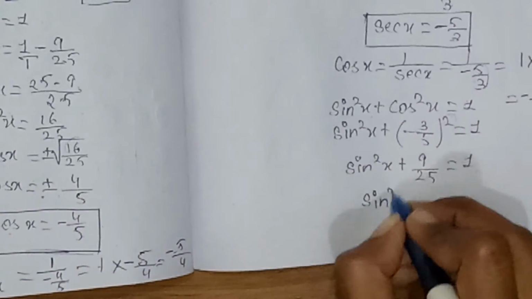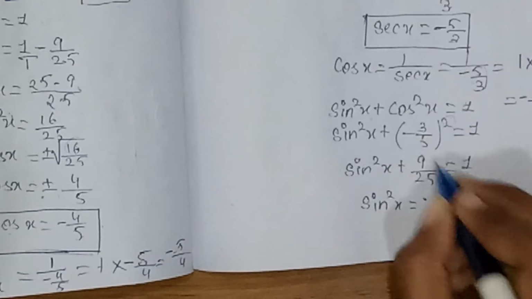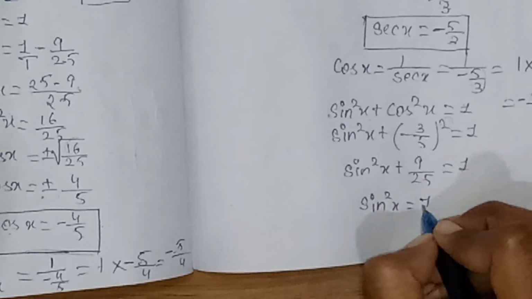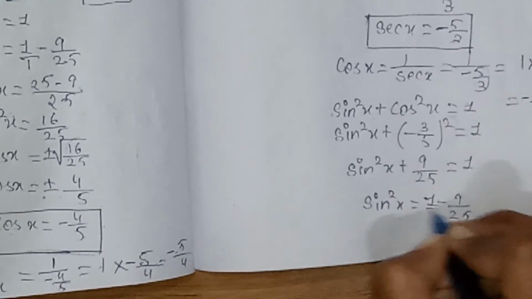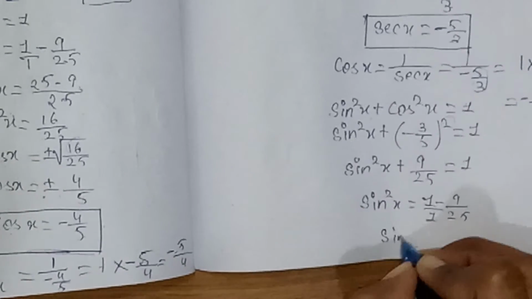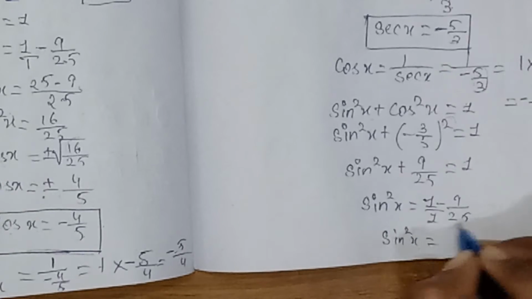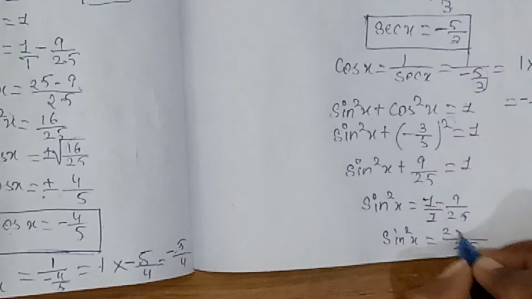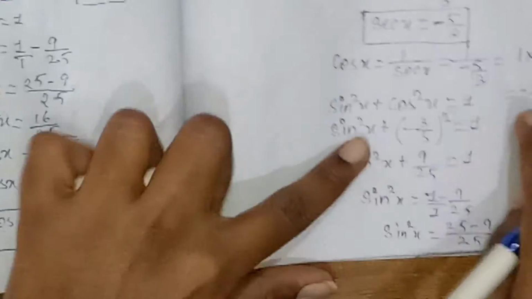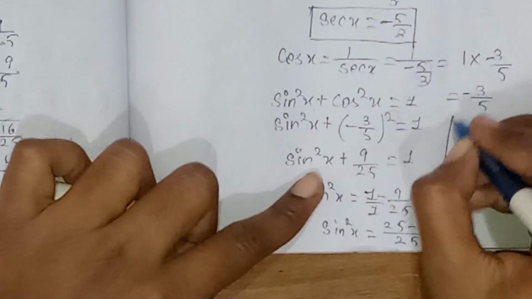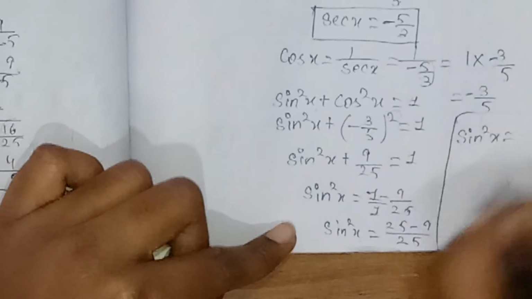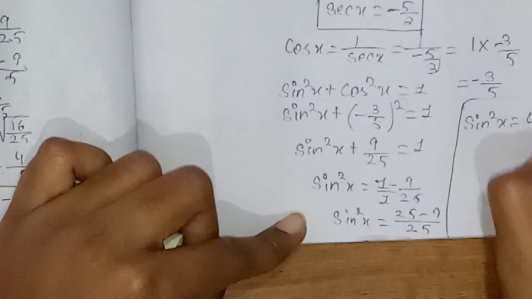So sine square x is equal to 1 minus 9 by 25, we send it to the right side and it becomes minus 9 by 25. When we take LCM, 1 and 25 becomes 25. 25 minus 9 becomes 16 by 25.